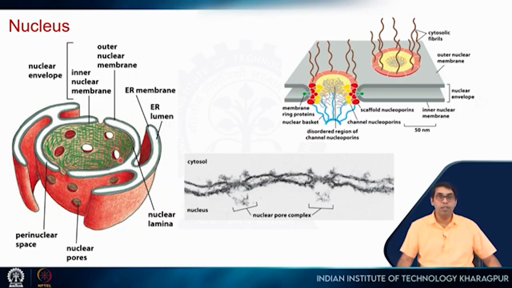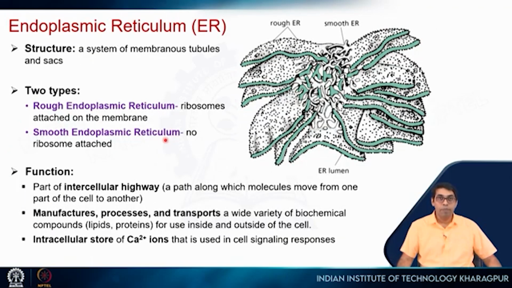Now, attached to the nucleus is this endoplasmic reticulum lumen. So, this is endoplasmic reticulum which is connected to the nucleus, and you can see all these dots, these are ribosomes which are embedded on the endoplasmic reticulum. When this happens, it is called rough endoplasmic reticulum. So, ribosomes are attached on the membrane, and if there are no ribosomes, it will be called a smooth endoplasmic reticulum.